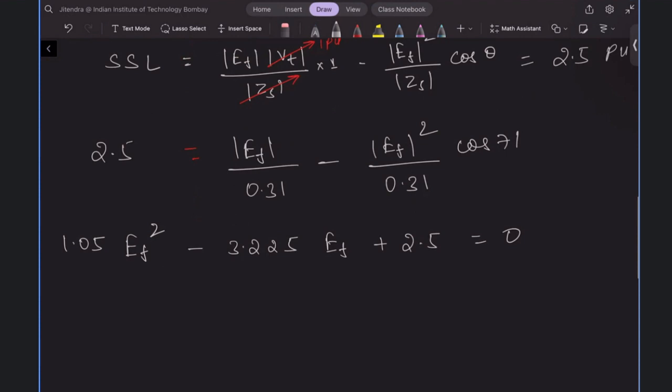So this is the quadratic equation, and from this expression you can calculate the value of excitation EMF at the condition of a static stability limit. Let me calculate it.